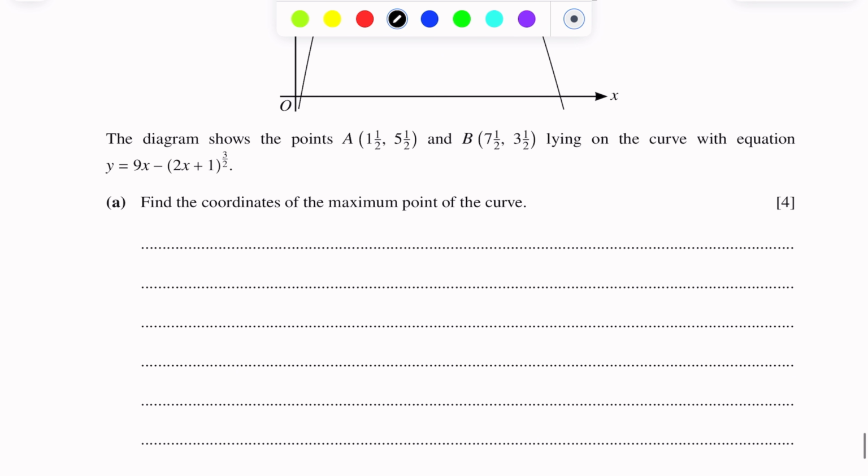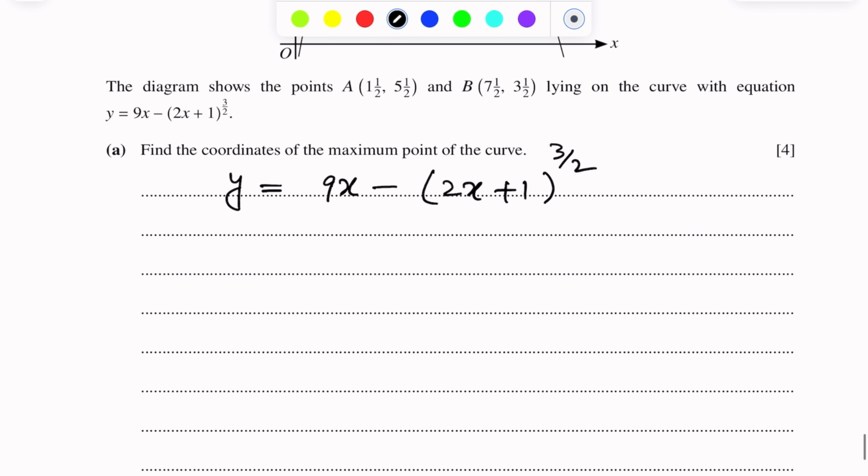Equation of curve is y is equal to 9x minus (2x plus 1) power 3 over 2. Differentiating with respect to x, we get dy over dx.